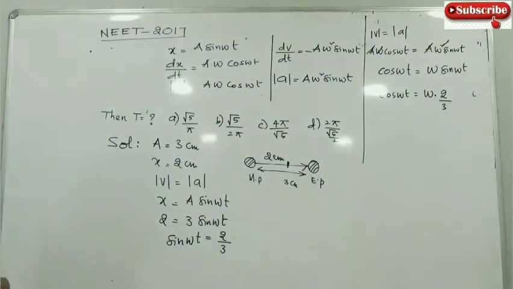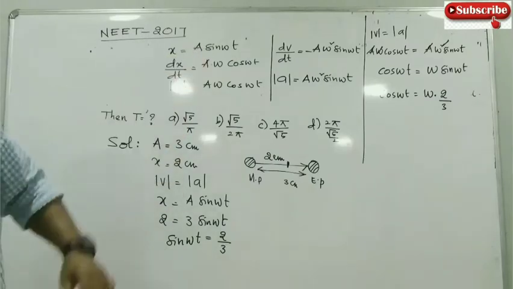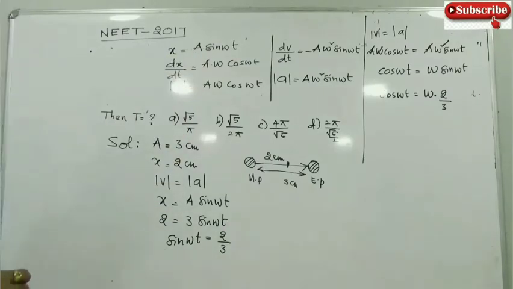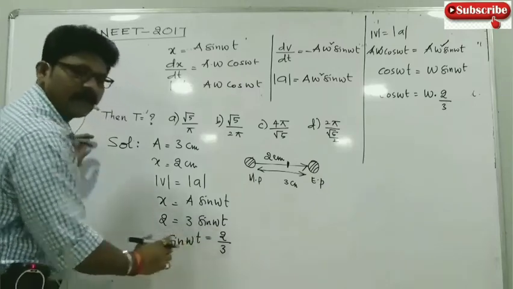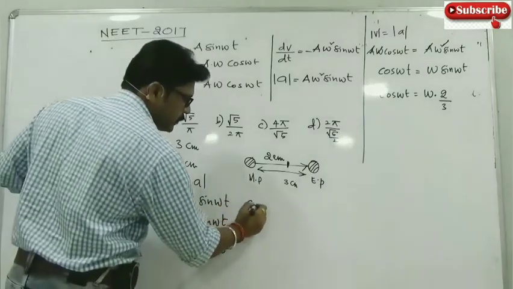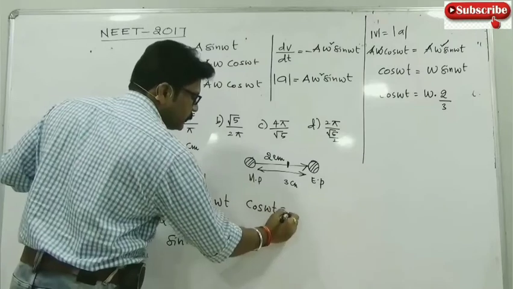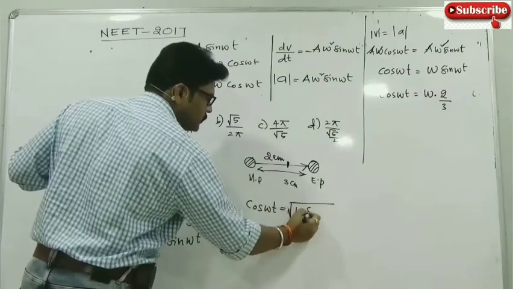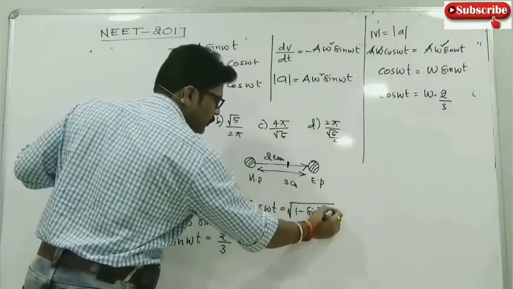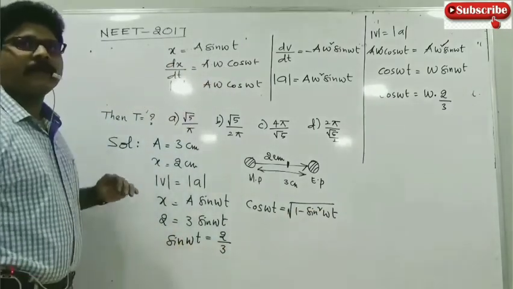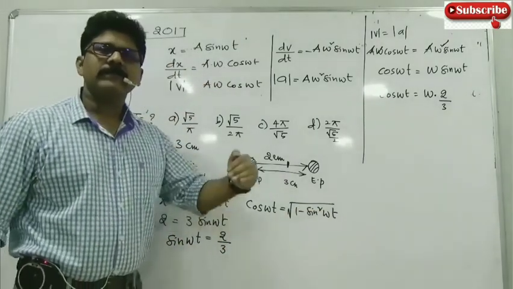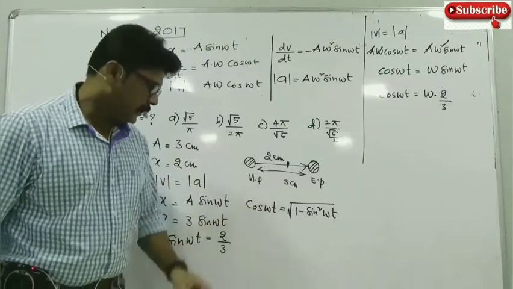Now what I require is cos omega t. How to get cos omega t? We have sin omega t, so cos omega t can be written as under root of 1 minus sin square omega t. Am I right? Sin square theta plus cos square theta is equal to 1. Based on that I am writing.